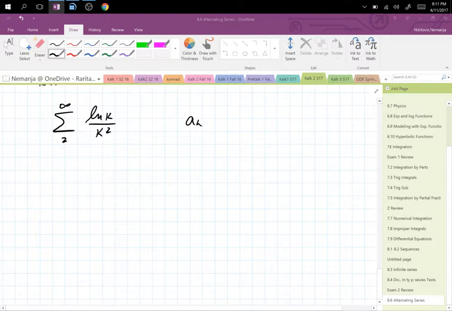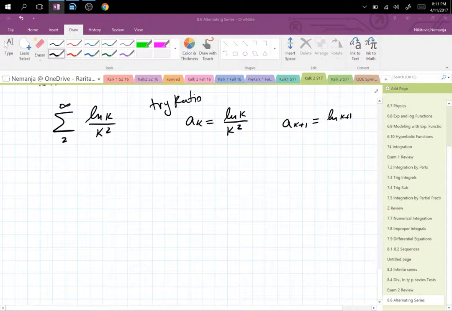So ak is equal to ln k over k squared, and ak plus 1 is ln of k plus 1 over k plus 1 squared.